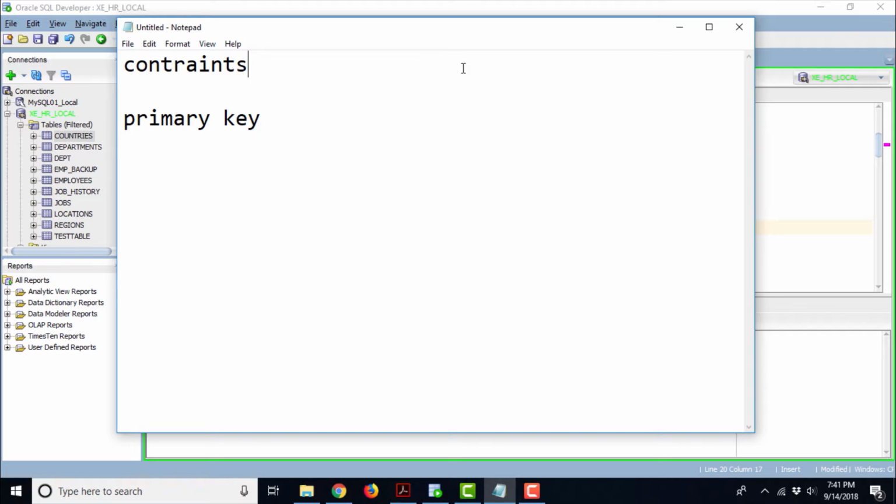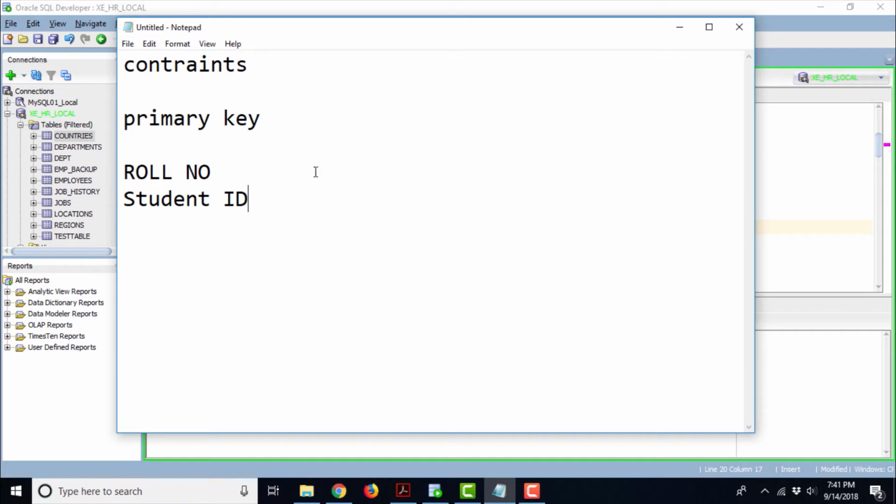So let us try to understand what a primary key is. I know that all of you must have been students at some point in your life. Whenever you are studying in an organized environment like a school, a university, a college or a technical college, you are assigned a roll number or student ID.